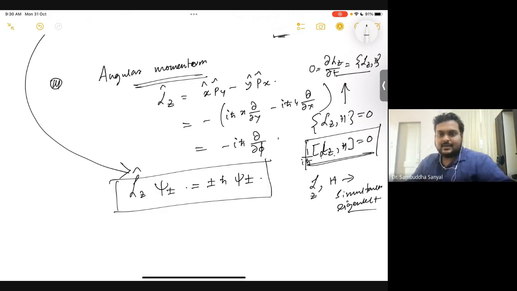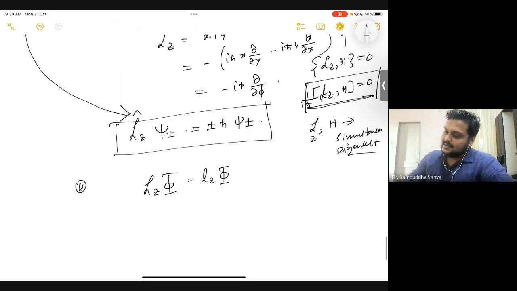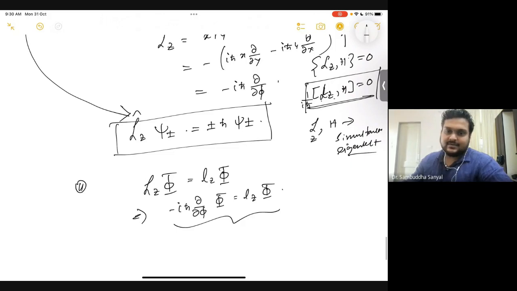So now you can show it much more formally as a differential equation. You can see Lz acting on Φ. So let's say you want to generally find the solution of Lz without knowing anything about it, without knowing whether it's a simultaneous eigenstate or whatever. So let's say I want to find the eigen solution of this, and this is nothing but minus iħ ∂/∂φ acting on capital Φ, equal to Lz Φ. And we know that this is just a first order differential equation, and the solution must be of the form e^(i Lz φ/ħ).